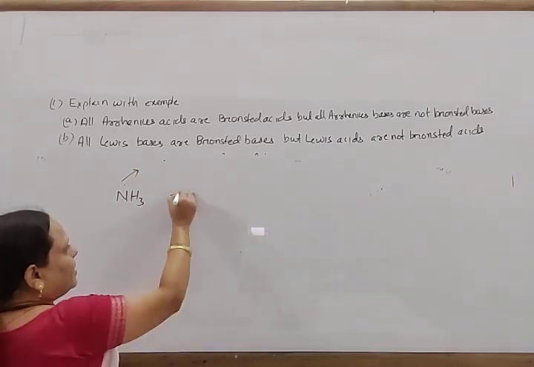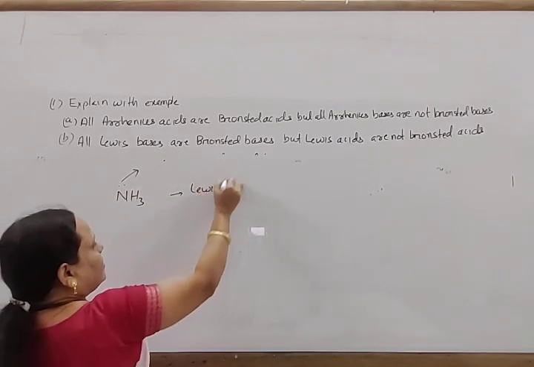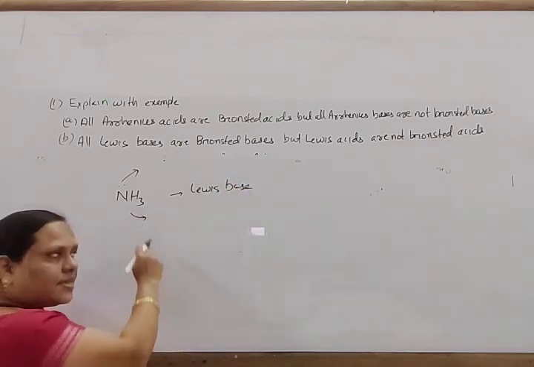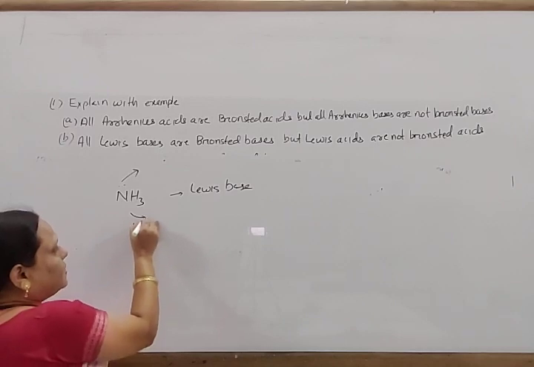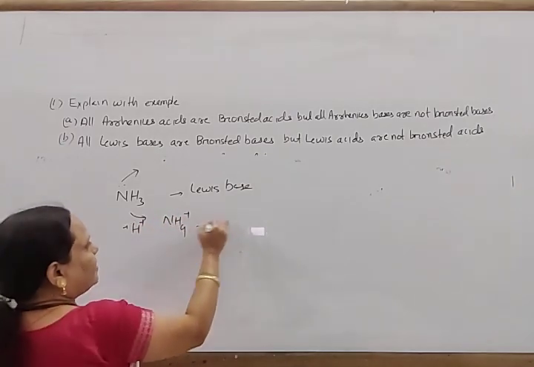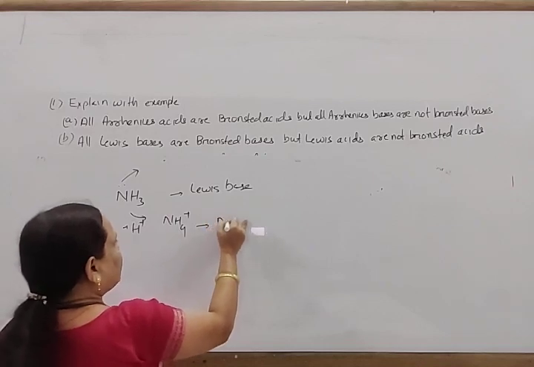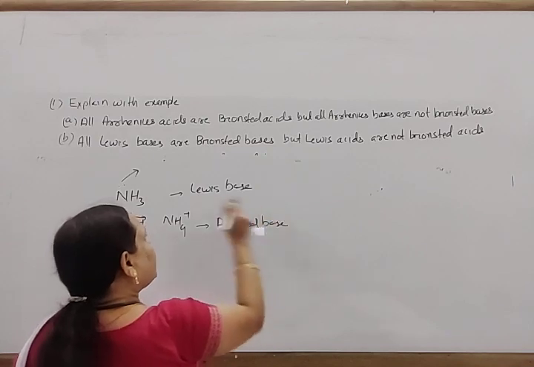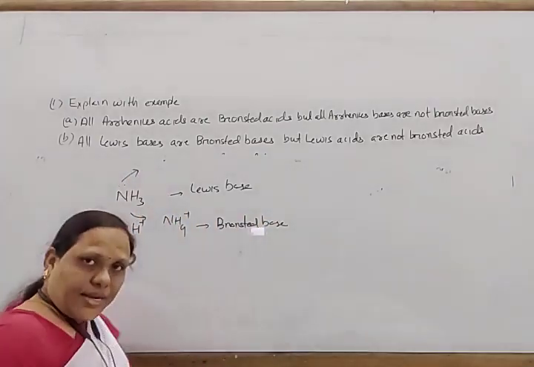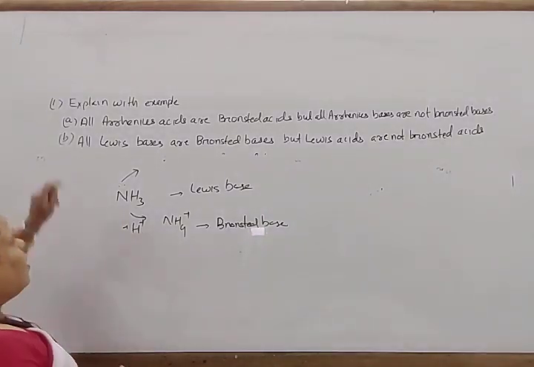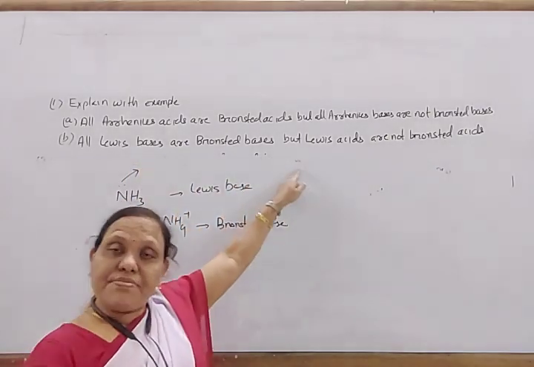In this way, it acts as a Lewis base, and it has a tendency to receive H plus ion to form NH4 plus. Hence, it acts as a Bronsted base. So what has the capacity to give a pair of electrons also has the tendency to receive H plus ion. Hence, all Lewis bases are Bronsted bases.